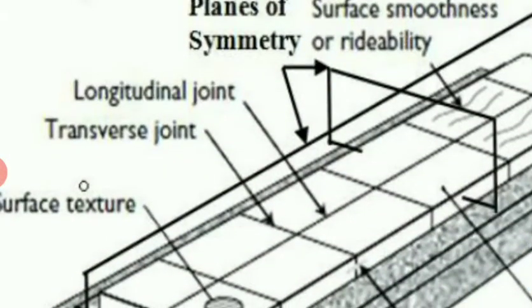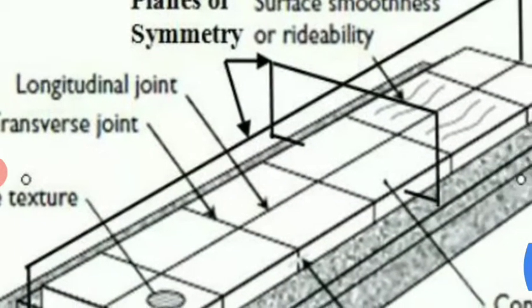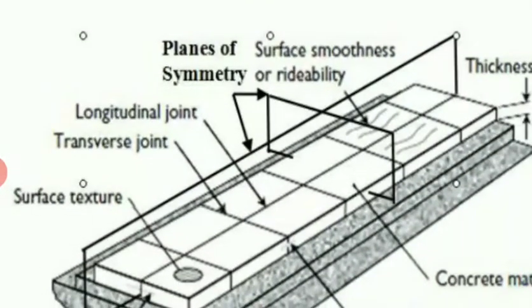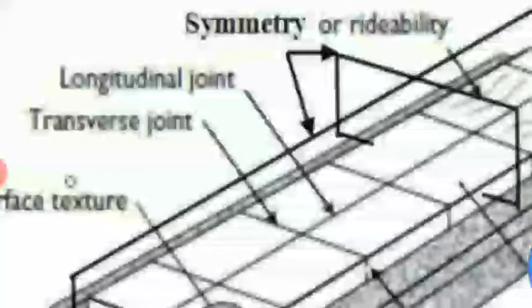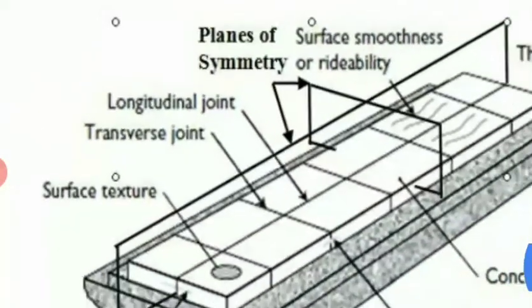Longitudinal joints are usually provided along the lengthwise direction of the road, and the transverse joints are provided with respect to the width of this rigid pavement.